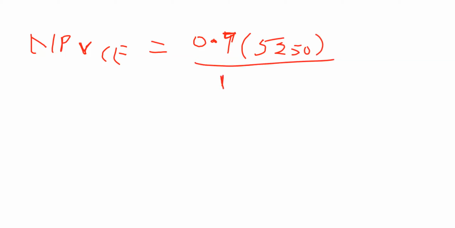Over 1.1 raised to power 1, plus. The second one is what? 0.8. Year 2. How much is the cash flow for year 2? 4,250.